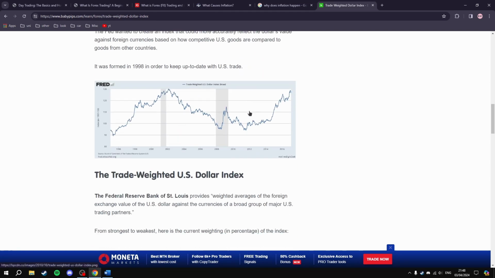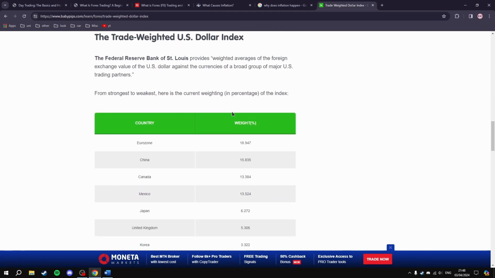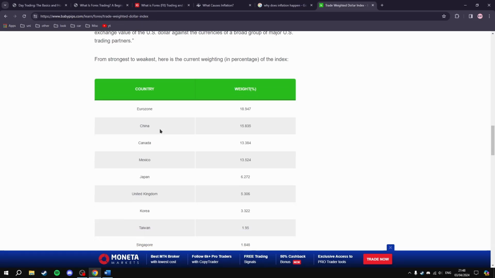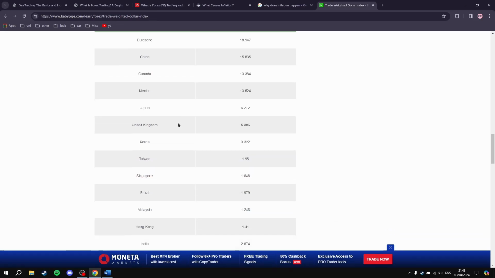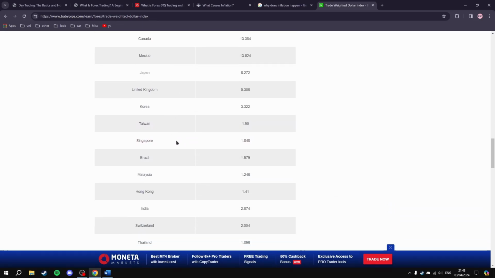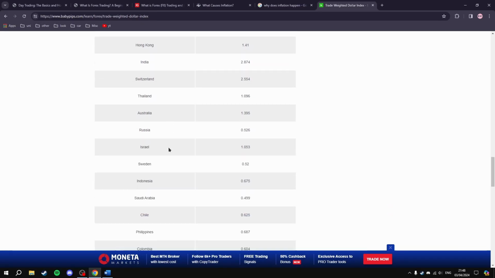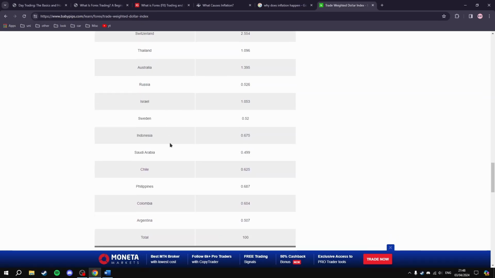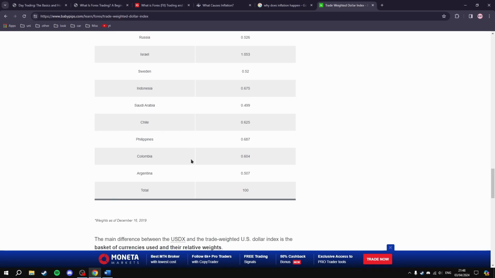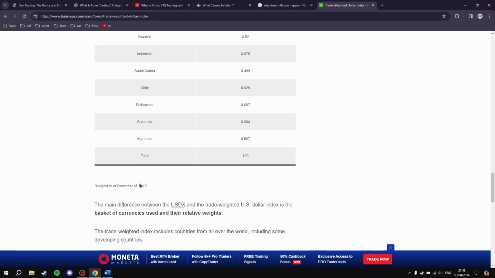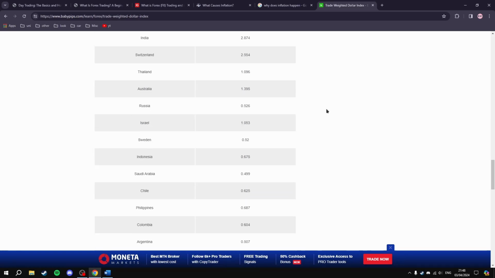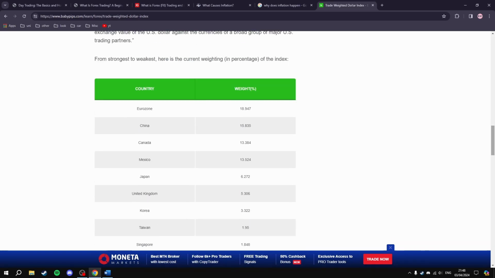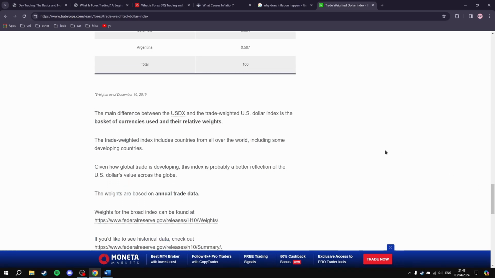There's loads of other foreign currencies used here, for example the euro area, China, Canada, Mexico, Japan, United Kingdom, Korea, Taiwan, Singapore, Brazil, Malaysia, Hong Kong, India, Switzerland, Thailand, Australia, Russia, Israel, Sweden, Indonesia, Saudi Arabia, Chile, Philippines, Colombia, Argentina. So that's all the countries used, which was last updated in 2019, but there's probably more, or the weight of each country might have changed as well.